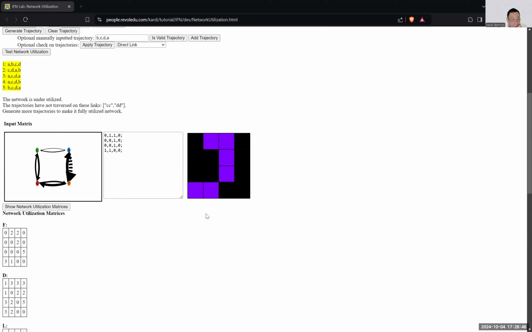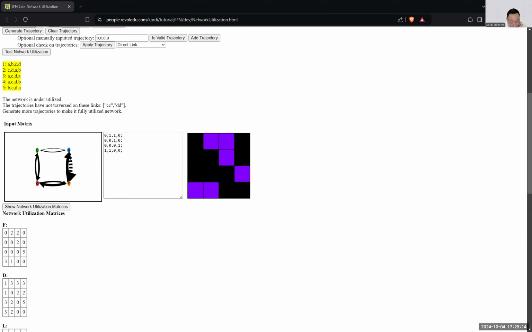So from D, you can go to A and B. From A, you can go to B and C. And then from B, you can go to C. And then from C, you can go to D. There. From C, you can go to D, not to C. Okay. That's correct.